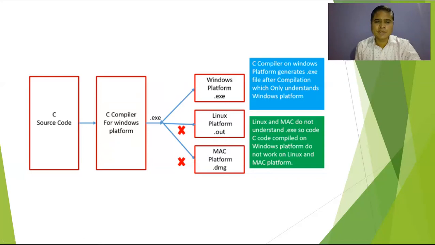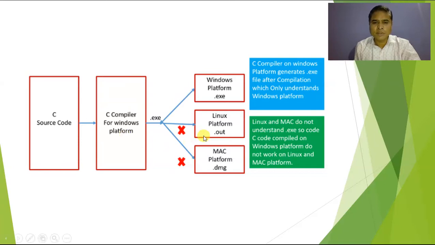I am taking one example here. Let us suppose we are using window platform, window machines, and I am writing C code here. My C compiler, which is available in window, compiles it into platform dependent native code, executable code, which can only be understood by that Windows.